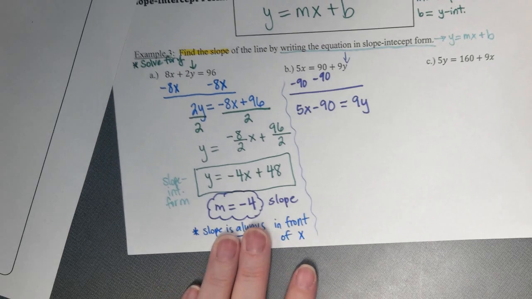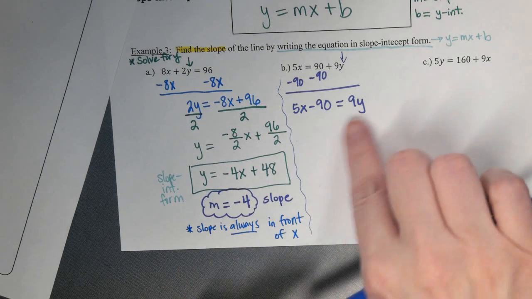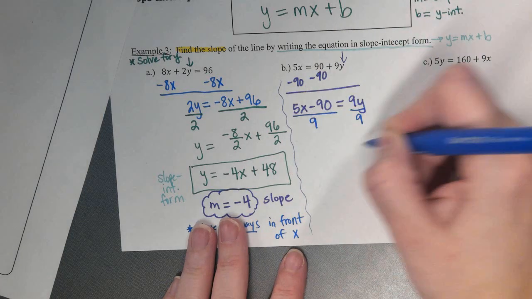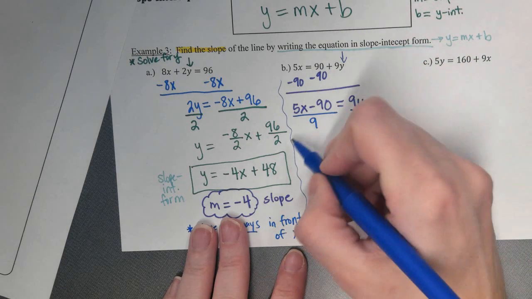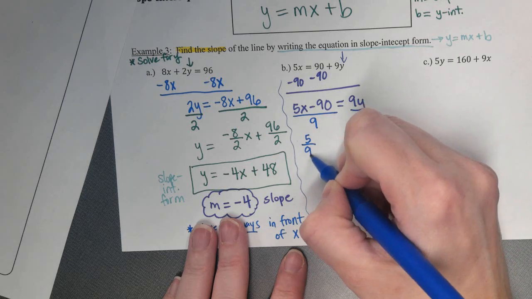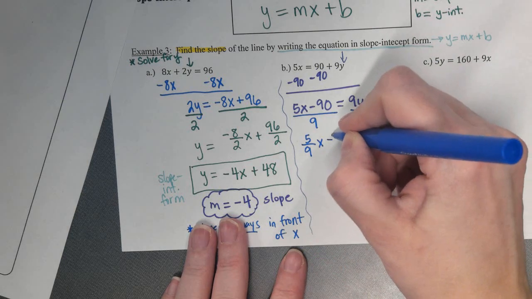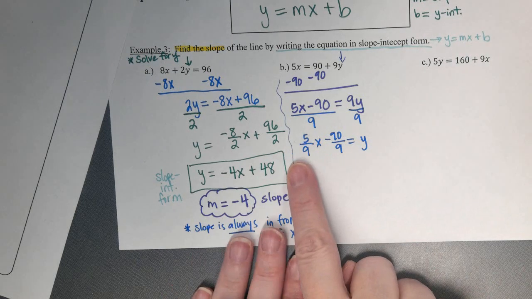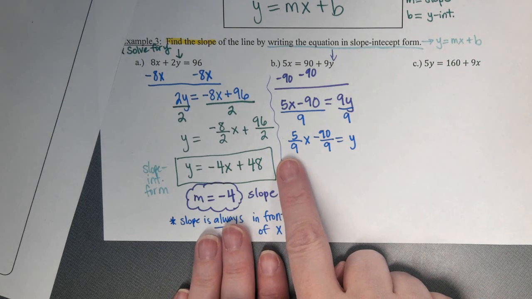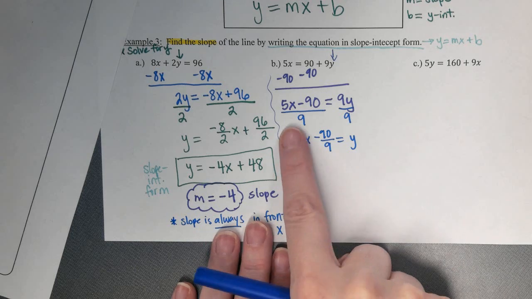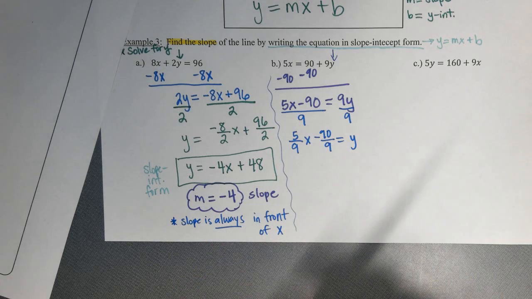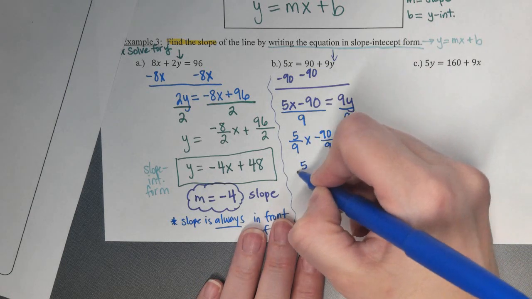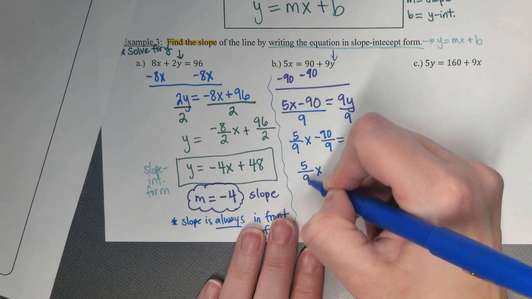Your last step is to divide by 9. So this is 5x divided by 9, and 90 divided by 9. If you do 5 divided by 9, is that going to be a whole number? No, because 5 doesn't go into 9 evenly. But does 90 go into 9 evenly? Yep. So this is 5 over 9x.